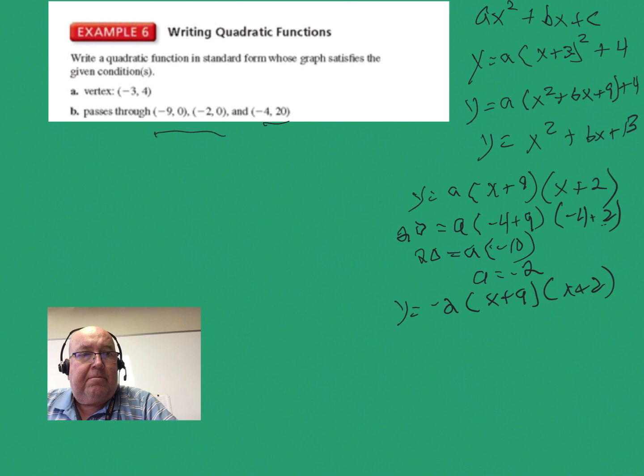So I'm going to get x squared plus 11x plus 18, and we're going to multiply that by negative 2, so we get y is equal to negative 2x squared minus 22x minus 36.